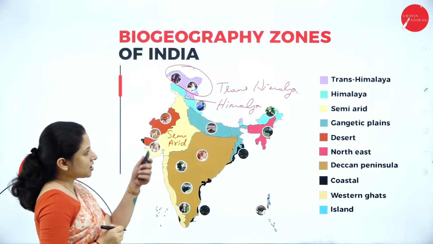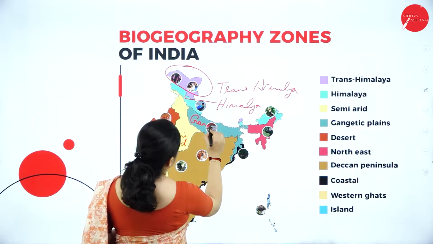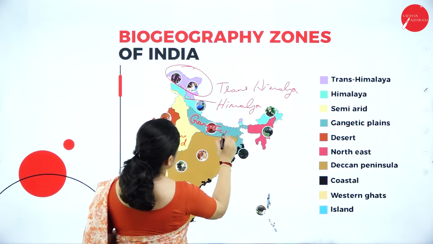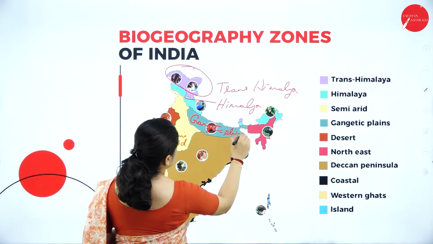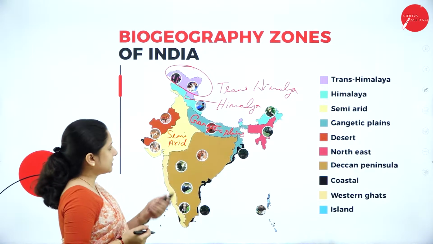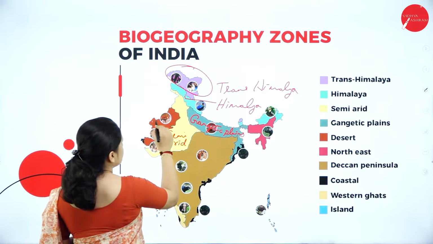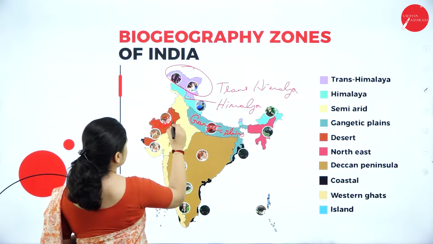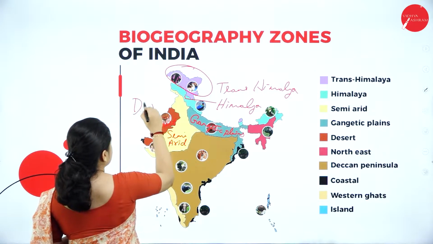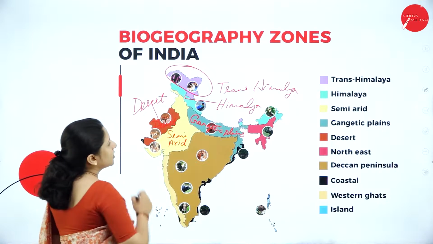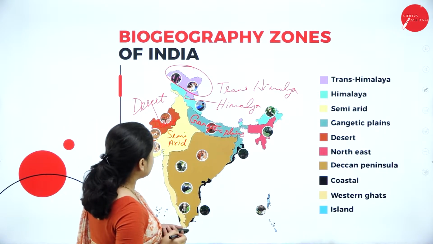Then we have the Gangetic plains. Then comes the desert zone. It's the desert zone. Then comes the northeast zone.